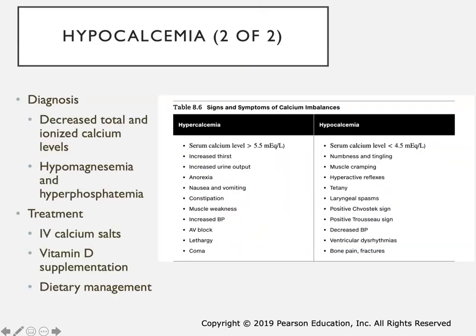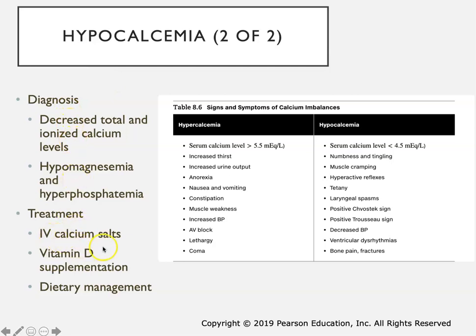All right, so in terms of diagnosis for hypocalcemia, right, and treatment, decreased total and ionized calcium levels. Again, also if there's hypomagnesemia, I can't say that, right? If you have low levels of magnesium and high levels of phosphate, that also indicates that you have decreased levels of calcium.